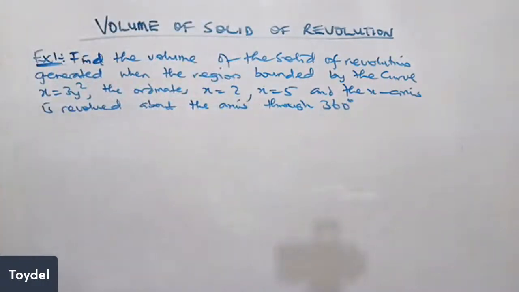And of course, we know that 360 degrees is 2 pi radian. That's the same thing as 360 degrees.